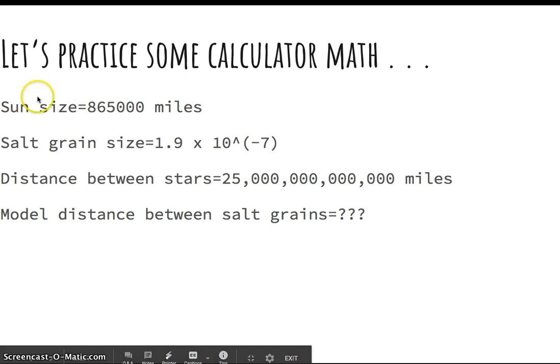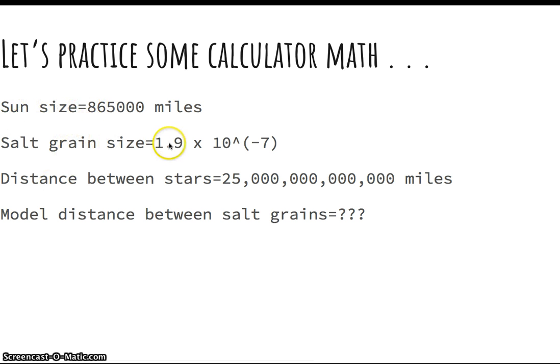So we were trying to figure out if we use a grain of salt, which, I should have put miles on there. A grain of salt is 0.3 millimeters on average, or 1.9 times 10 to the negative 7th miles. So it's tiny. If we use a grain of salt for the size of the sun, how far away on our model would the next salt grain be if that's the nearest star?